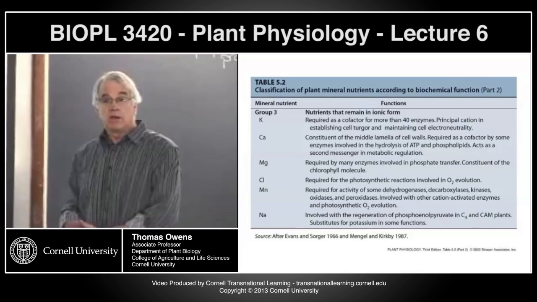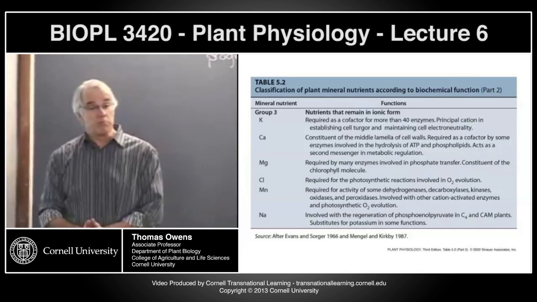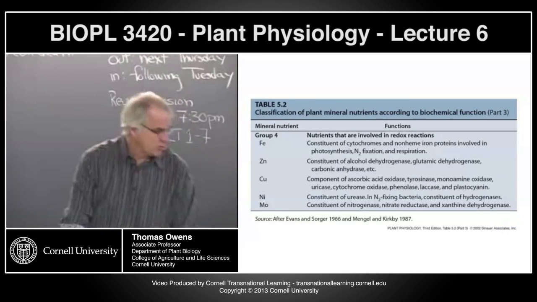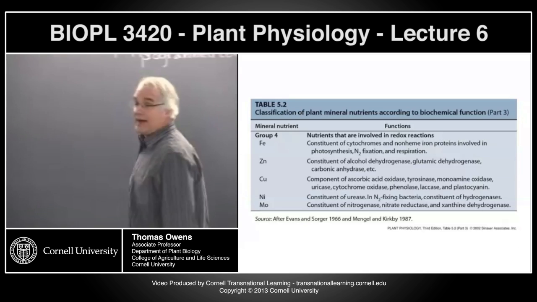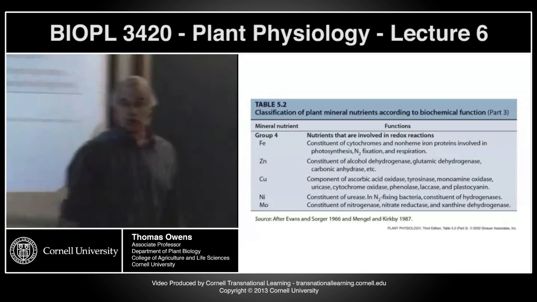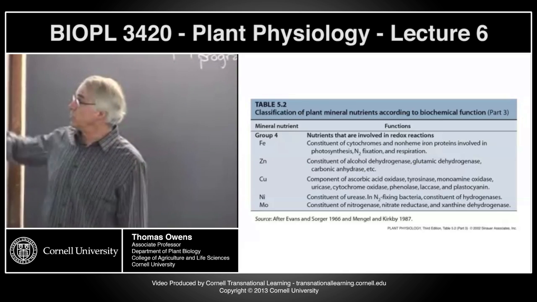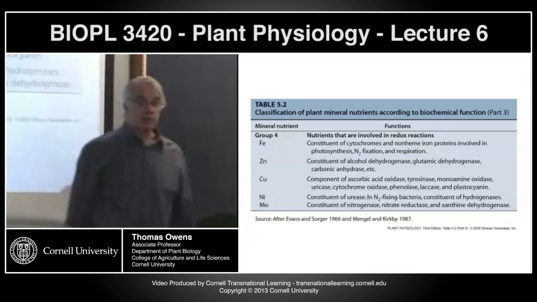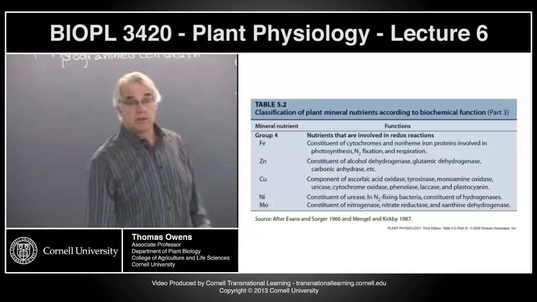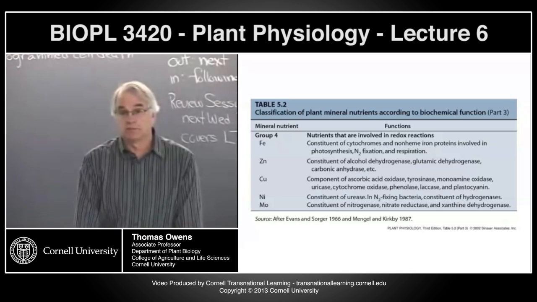They can be cofactors in a lot of different proteins, but most of them are in the cytoplasm. The last group are those that are involved in redox reactions. So iron, for example, is in all the cytochromes that are involved in electron transport. Zinc, copper, nickel, and molybdenum are involved in lots of enzymes that are involved in redox reactions.